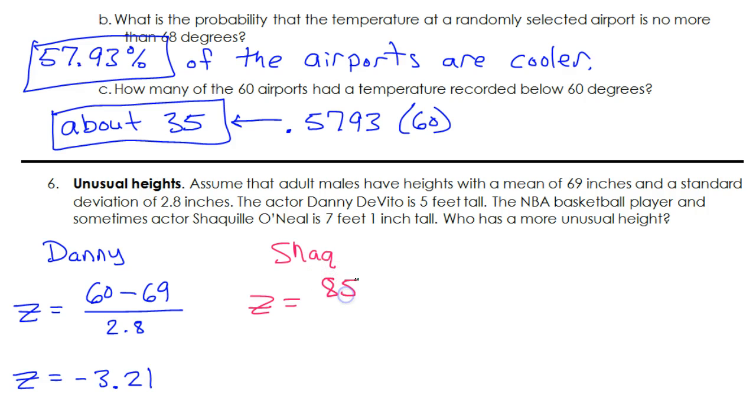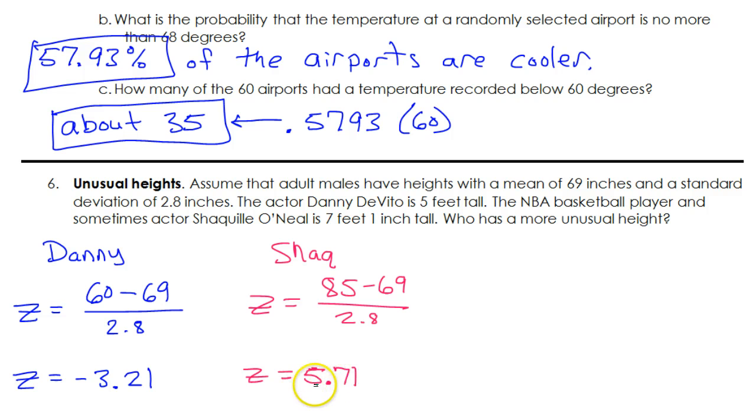So Shaq is 85 inches tall. Minus the mean of 69 divided by 2.8. That's going to give us Shaq's z-score, 5.71. So Shaq's height is 5.71 standard deviations above the mean.